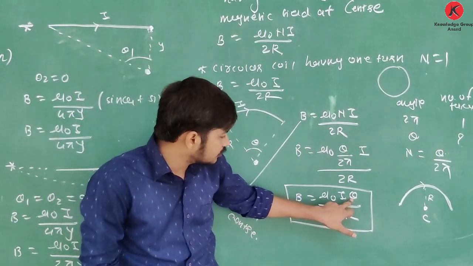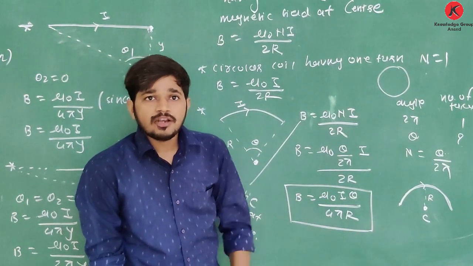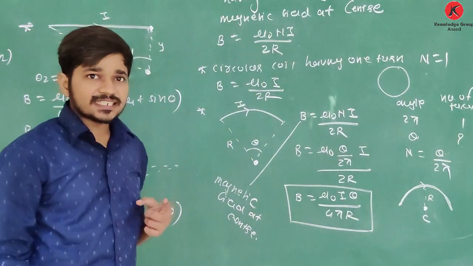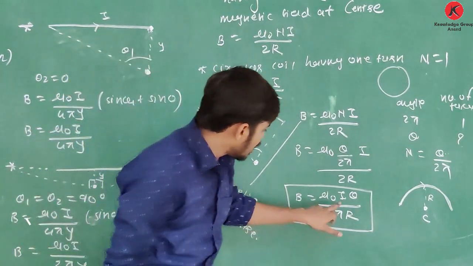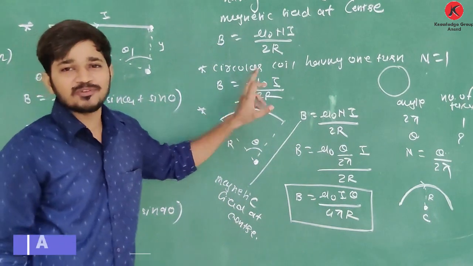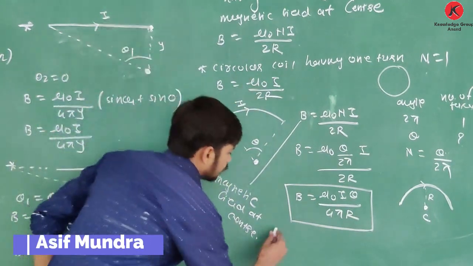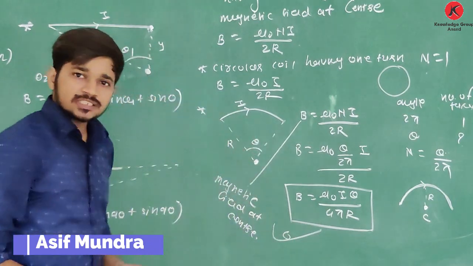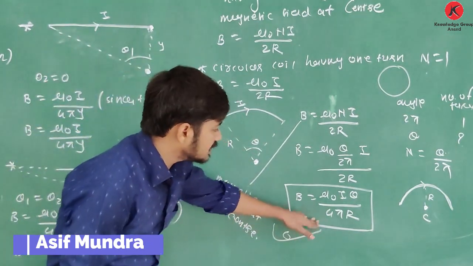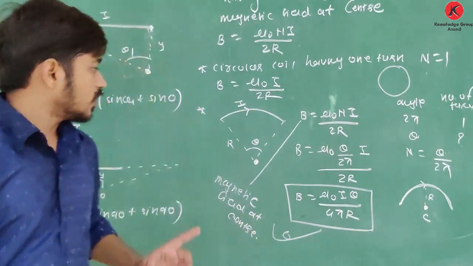If you replace this theta by pi, you will get your answer. Also, for a whole circle, theta is equal to 2 pi. Put here theta is equal to 2 pi. You will get this equation. B is equal to mu 0 I upon 2r. Clear about this? So yes, this equation you have to remember, because now we will see some questions based on this equation.